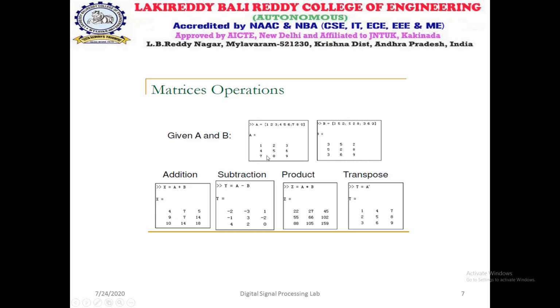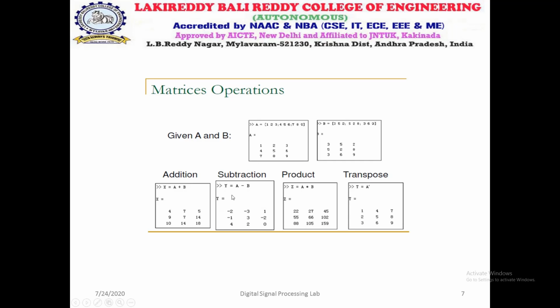For example, we are getting 4 from the element first column, first row, 1 is added to first column, first row, 3. So 1 plus 3 we are going to get 4.